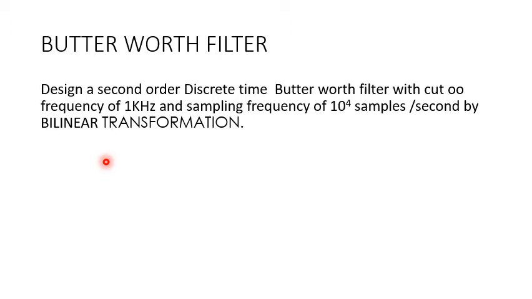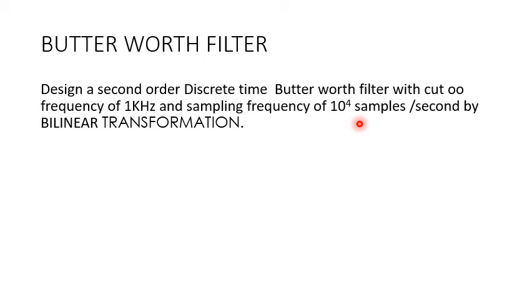Here the order of the filter is given as second order, so we can conclude n equal to 2. The cutoff frequency is 1 kilohertz, and the sampling frequency is 10 power 4 samples per second.